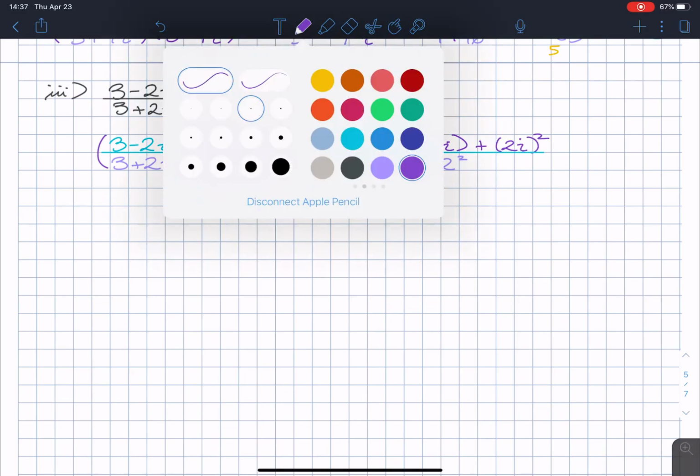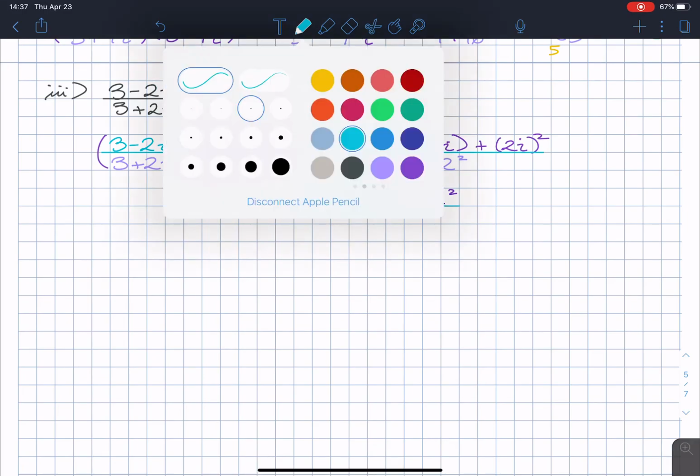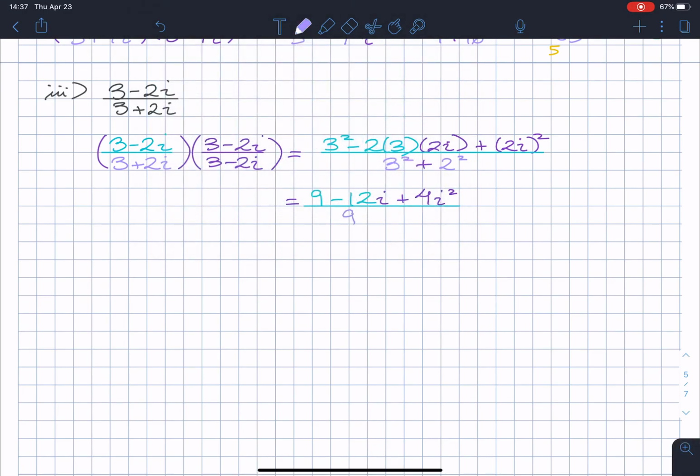Okay, so what do I have? In the numerator, I have 9 minus 12i plus 4i squared, all over 9 plus 4.